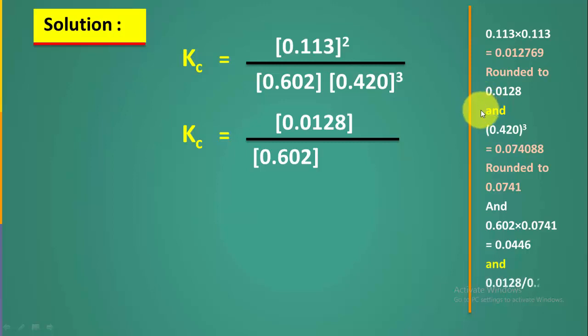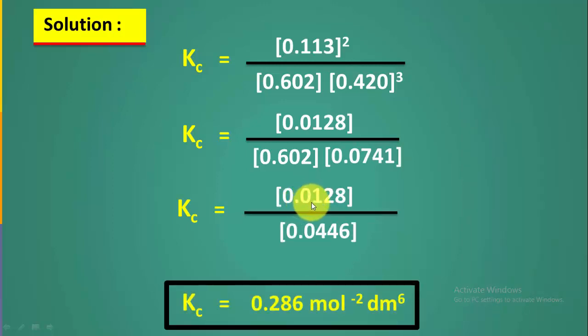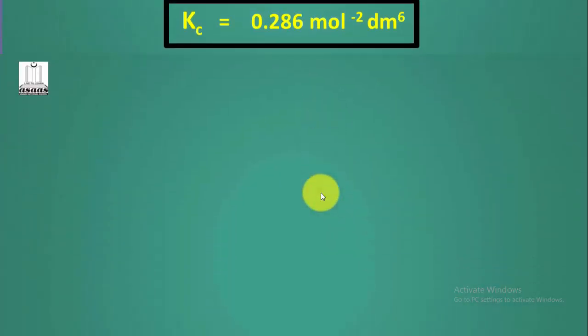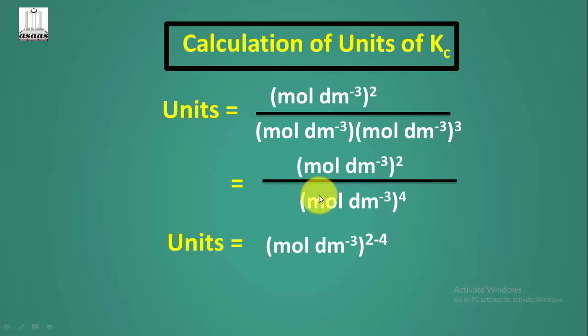So dear students, you can say that this Kc value has units. We have discussed these cases earlier, the calculation of units. So again we calculate the units for Kc for you, dear students. On the product side, the power is 2 and the combined power of the reactant side is 4. So we again take the difference of the powers, product over reactant, that is 2 minus 4, which is equal to minus 2.